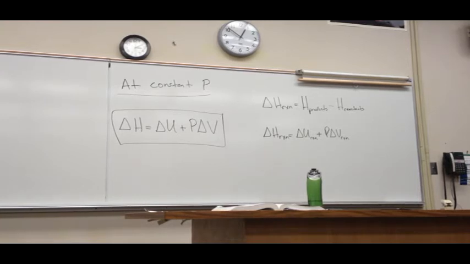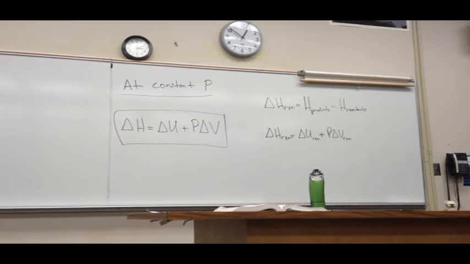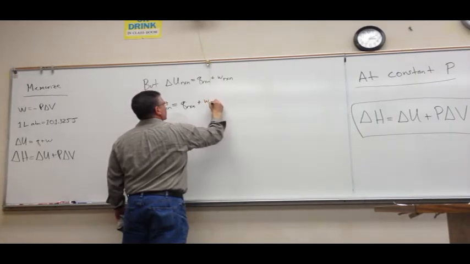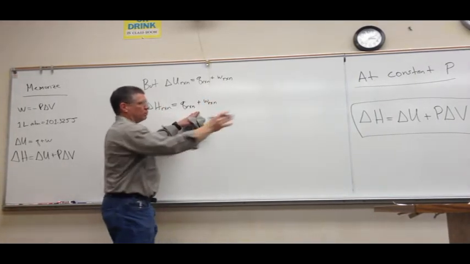So I'm just going to take that last equation I wrote, and instead of delta U, I'm going to write the definition of delta U over here, Q plus W. Okay? That's the delta U part plus P delta V.